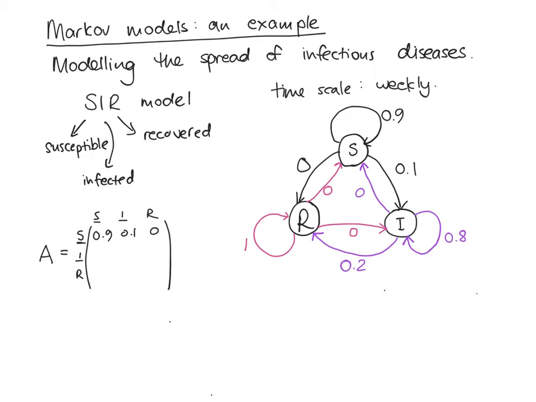Now if we have a look at infected, we go from infected to susceptible. We can't do that. If you're infected, the probability that you stay infected is 0.8, and the probability that you recover is 0.2. And finally, if we have a look at recovery probabilities, you can't go back to being susceptible, you can't go back to being infected, all you can do is stay recovered. So there's our transition matrix.